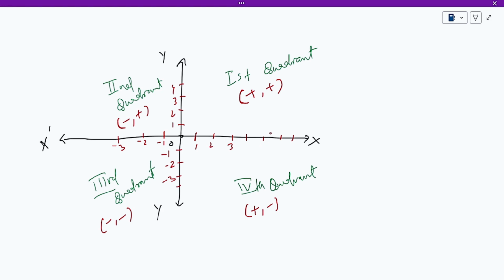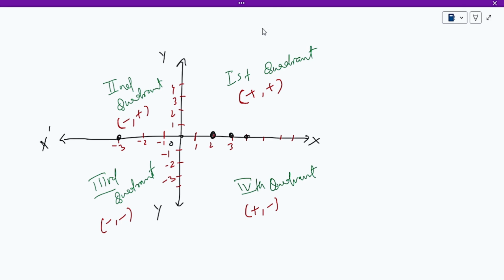Now let's mark any points over here. These all points are on the x-axis, right?